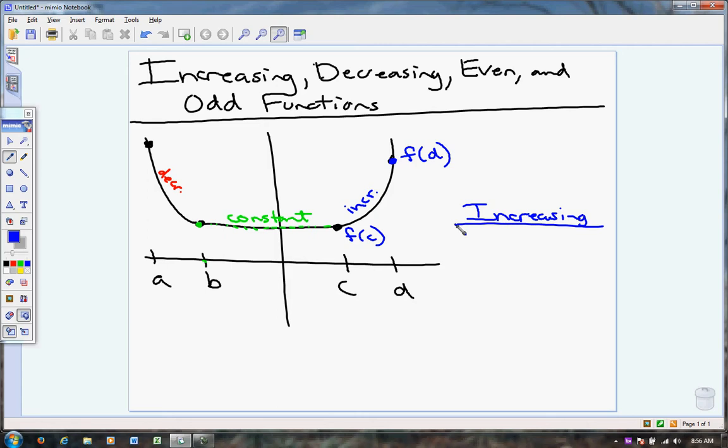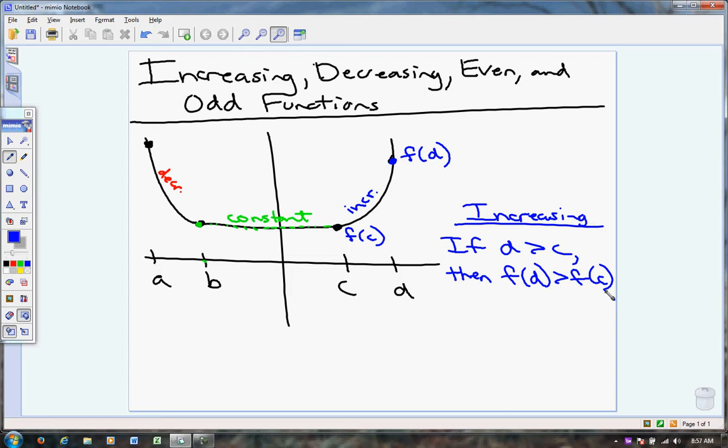all right, if D is bigger than C, okay, and if you look at my drawing there, I think that's true. D has a bigger value than C does. If it's increasing, then f of D is bigger than f of C. Does that make sense?